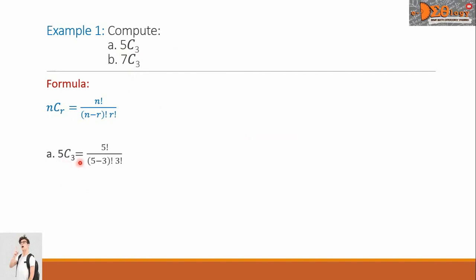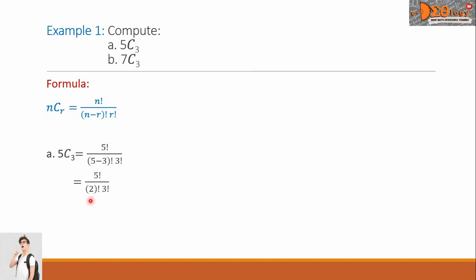5C3 equals, using our formula, 5 factorial over the denominator (5 minus 3) factorial times 3 factorial. First, let us simplify the expression in the grouping symbol. The 5 minus 3 becomes 2.